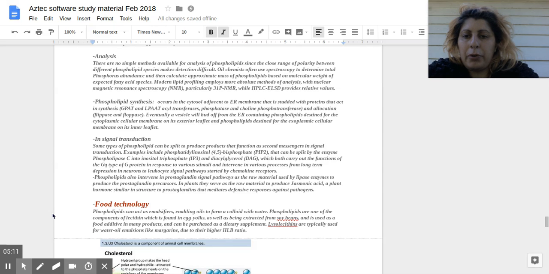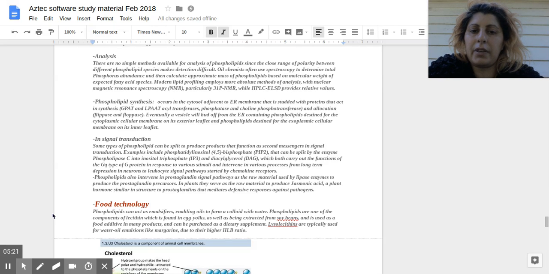So these are different proteins involved in phospholipid production.